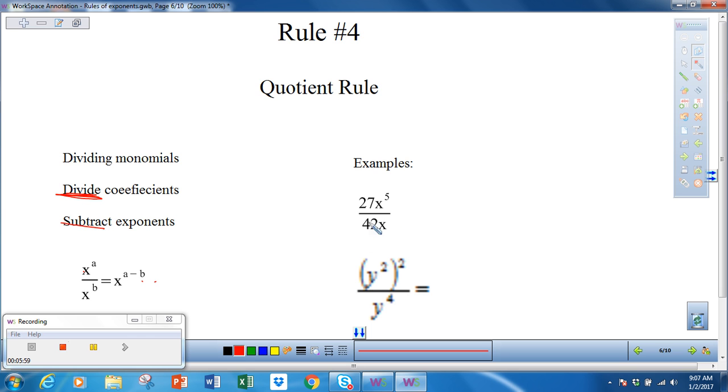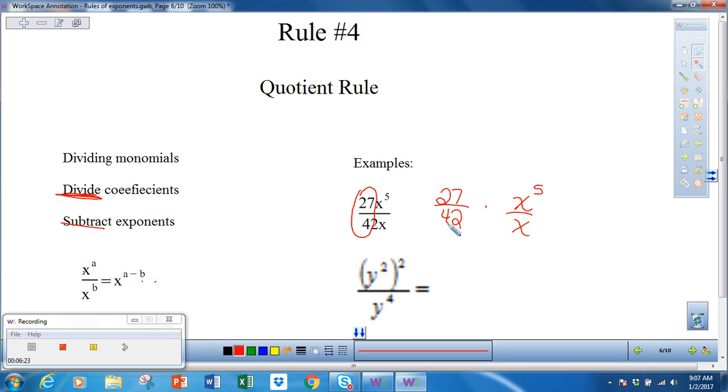So now, here's an example. We treat coefficients the way we always have. So we're not subtracting those coefficients. We're dividing 27 over 42 times x to the 5th over x. Now, you can use your calculator to do this. You can do 27 divided by 42 on your calculator and then math fraction.